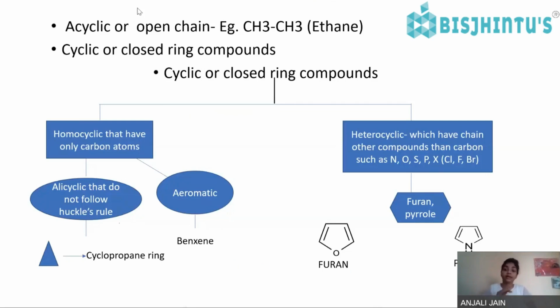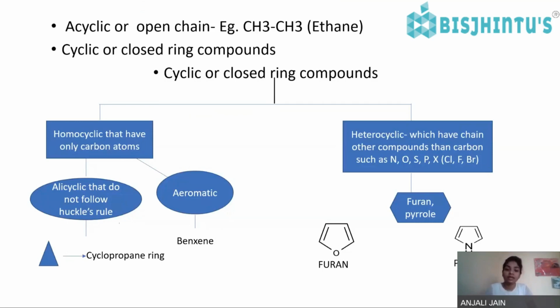But if I talk about the heterocyclic ring, then there can be nitrogen, oxygen, sulfur, phosphorus, or halogens, which can be fluorine, chlorine, bromine, iodine. So in homocyclic compounds, the whole ring structure is made up of carbon, and in heterocyclic compounds, there can be atoms other than carbon.